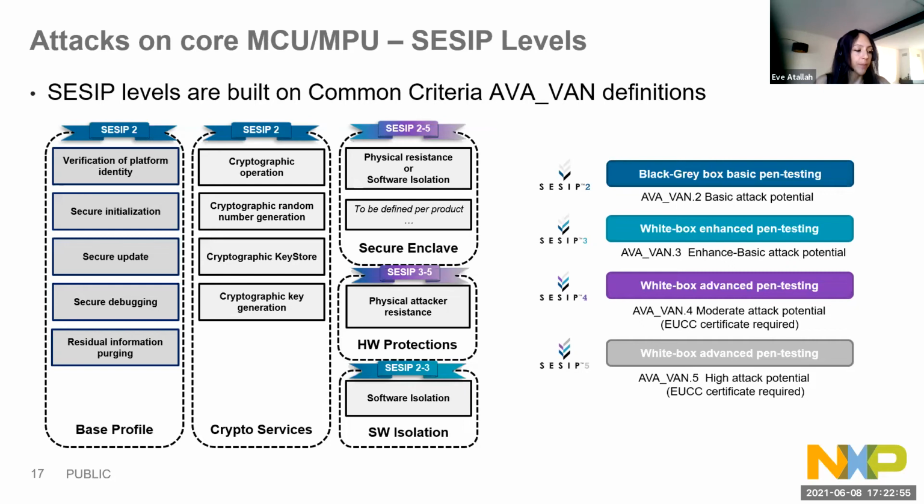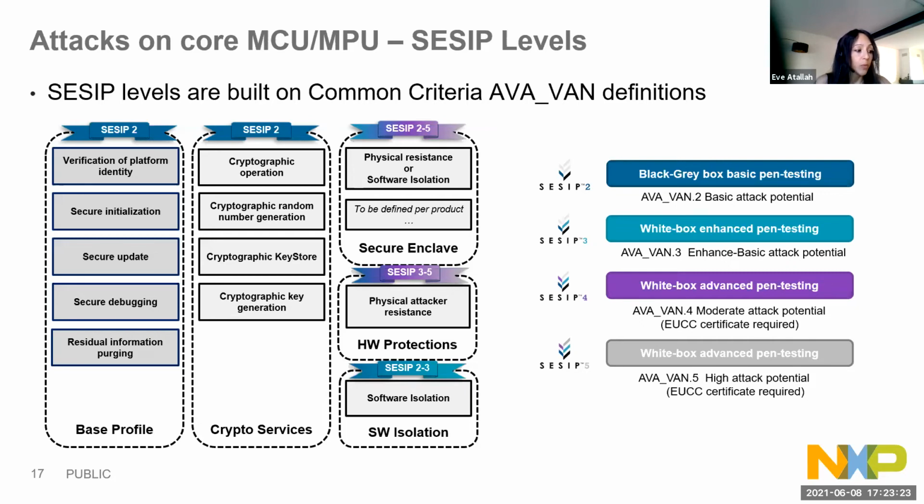SESIP2 can be claimed, which corresponds to what we can call basic attack potential. Let's consider that as attackers with low expertise and no specific equipment, nothing expensive at least. In the SESIP profile, this level can only be raised with the claim of an extra attacker profile.